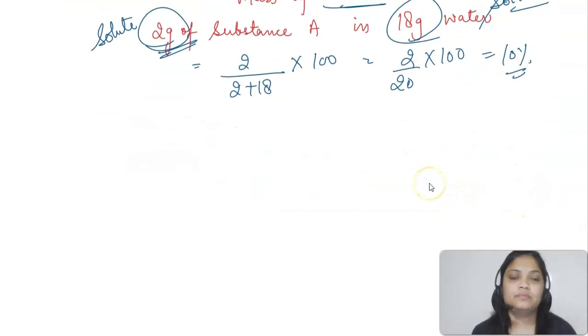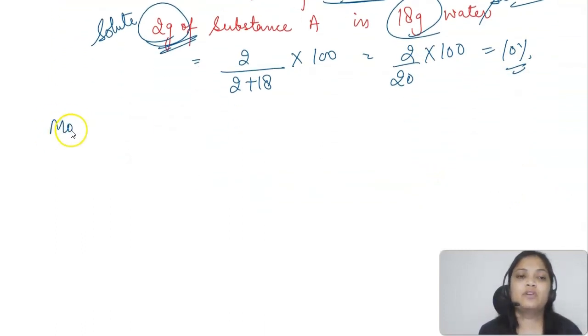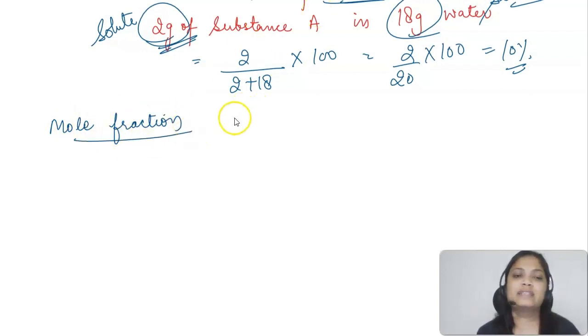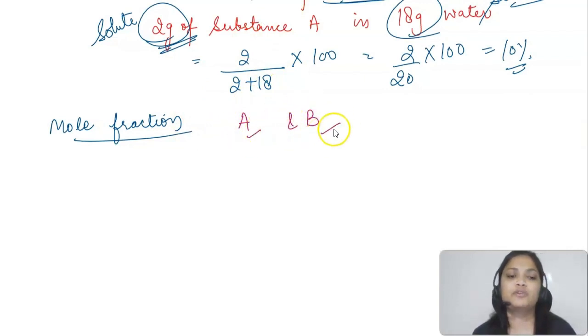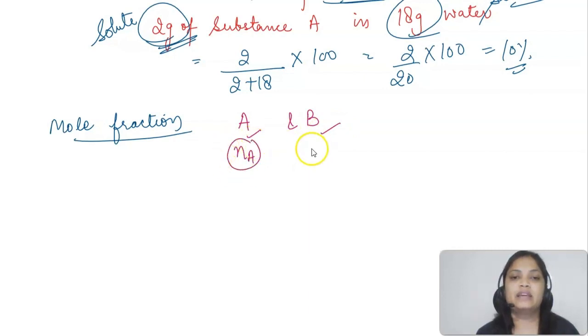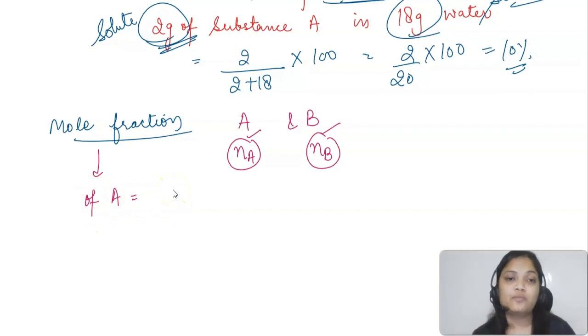Okay. Now you have studied about the number of moles, right? Now there is a term known as mole fraction that we use. Now what is mole fraction? So let's say I am having two components A and B in the solution, A is the solute, B is the solvent, let's say. And the number of moles of A is Na and number of moles of B is Nb. So mole fraction of A would be the number of moles of A divided by the total number of moles.